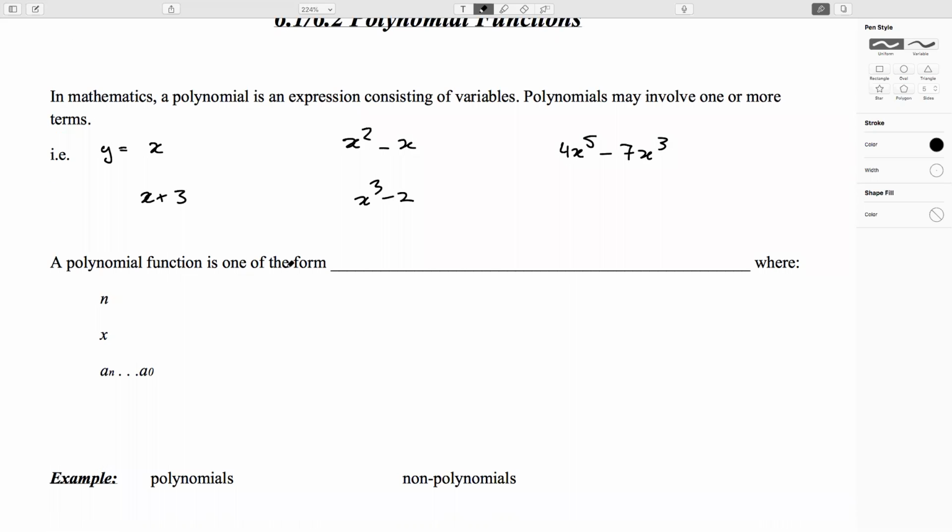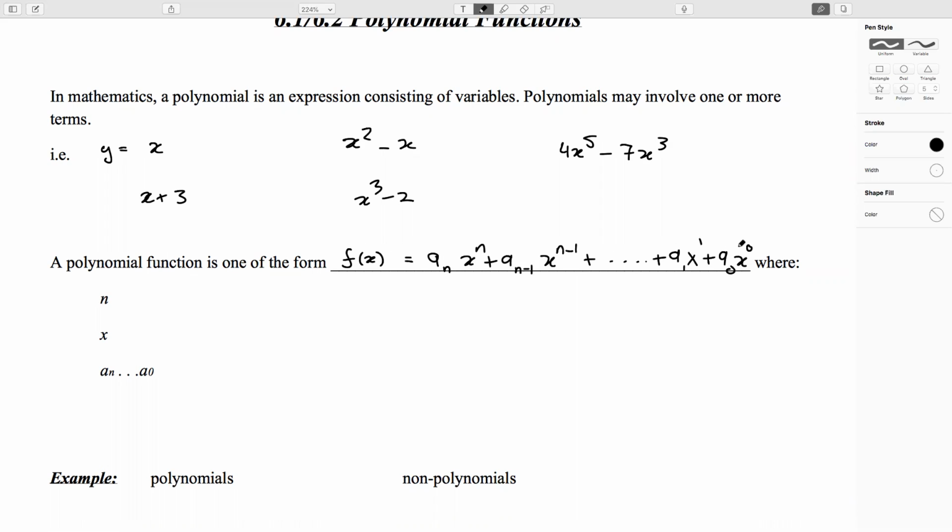In general, a polynomial function is of the form f of x, equals a(n) x to the n plus a(n minus 1) x to the n minus 1 plus ... a1 x to the 1 plus a0 x to the 0.